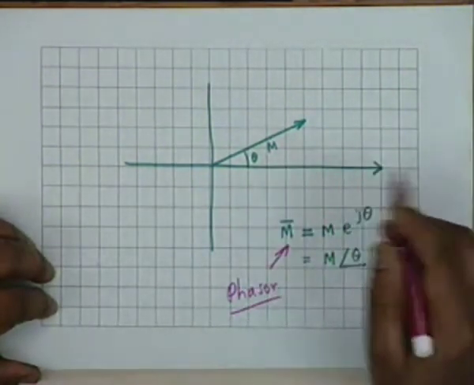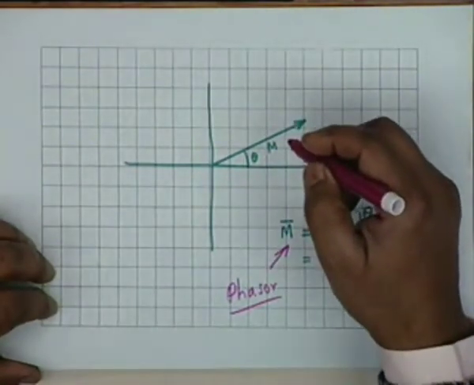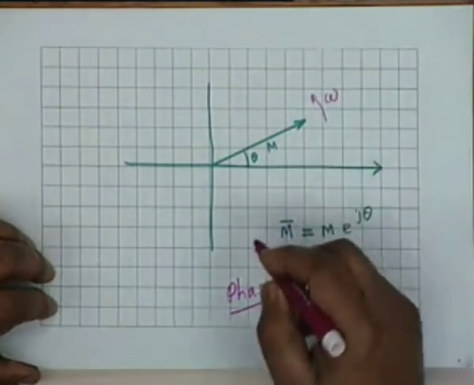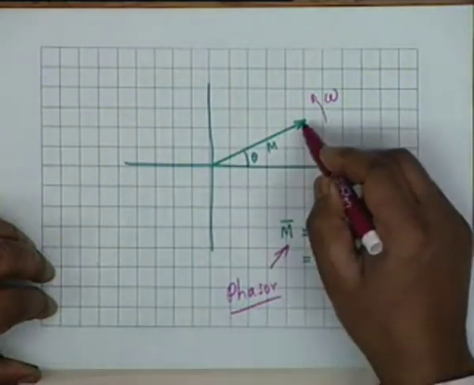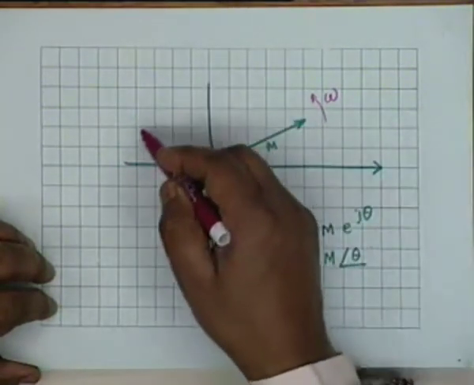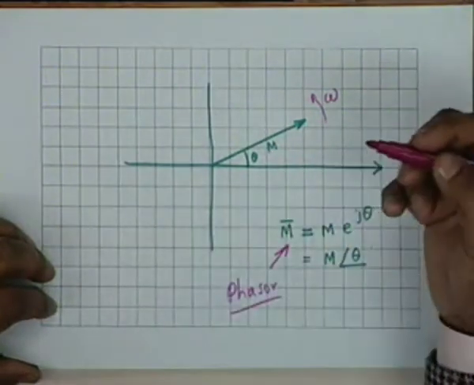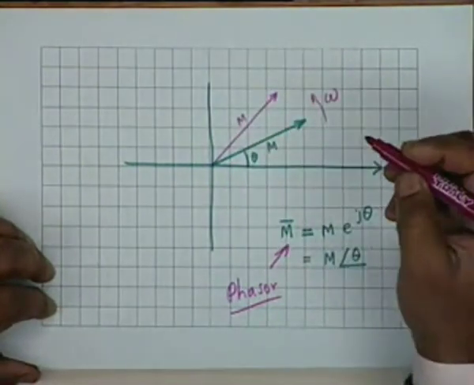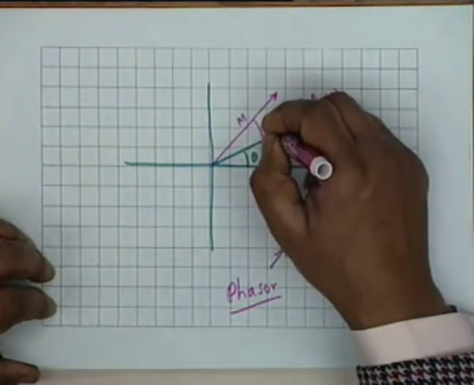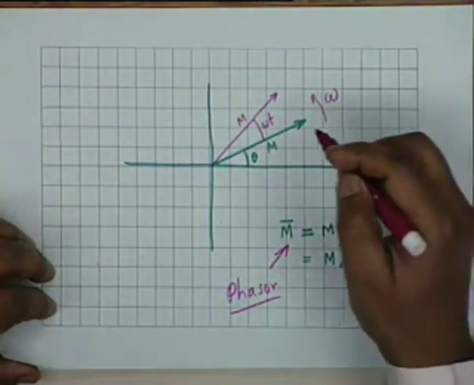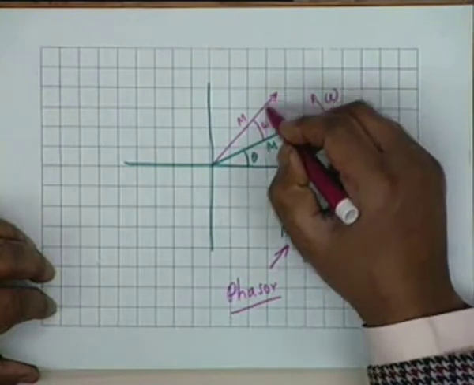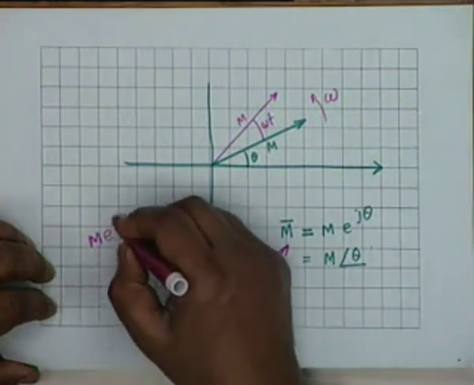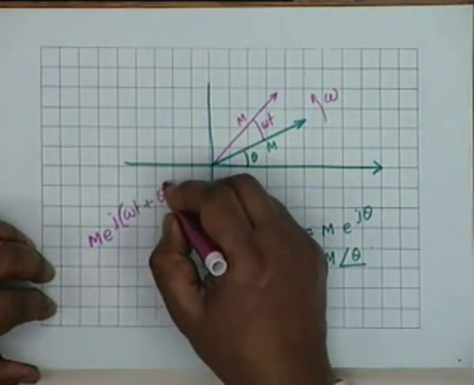But suppose this vector rotates anti-clockwise with an angular velocity omega. All right, it started from here, then it starts rotating in the anti-clockwise direction with an angular velocity omega. So after time t has elapsed, the vector takes this position where the magnitude is still M, but the angle has increased by the amount omega t, and therefore this vector represents the complex quantity capital M e to the power j omega t plus theta.